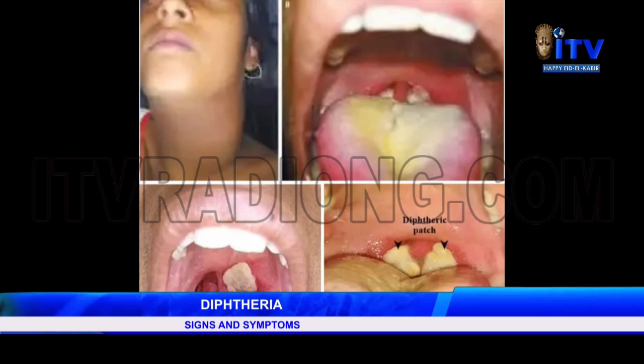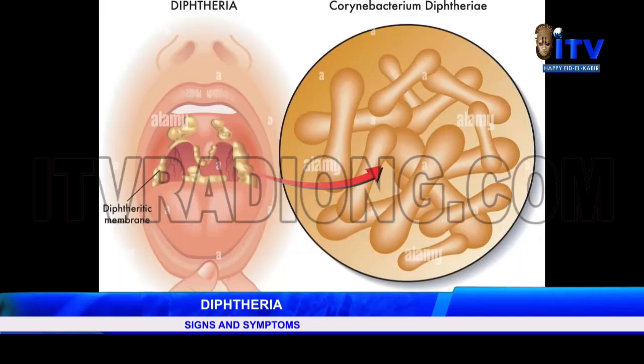of death in children. When the organism is resident in the airway, it releases a toxin which kills the cells in that area, usually over the tonsils and the pharynx, and forms a very thick membrane. Now, this membrane can get dislodged and occlude the airway, which can then lead to suffocation.